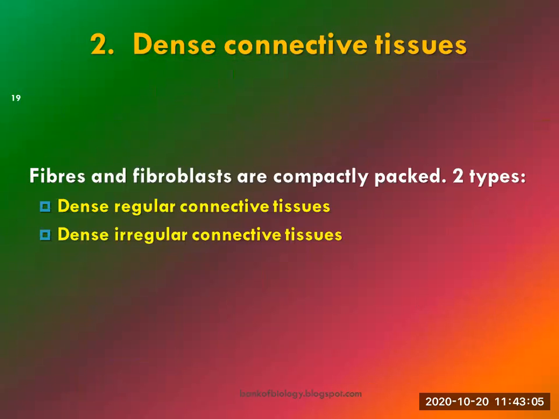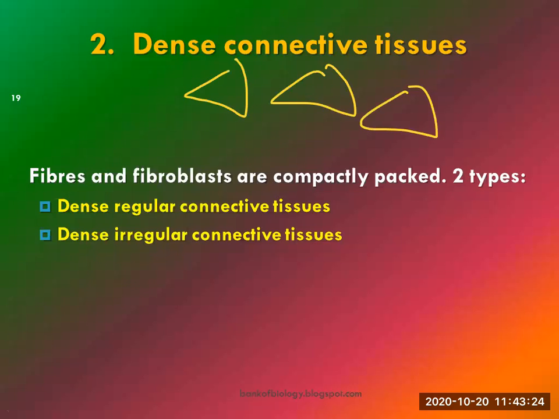Dense connective tissue. About dense connective tissue, the fibers and fibroblasts are compactly packed. It's there in the name, dense connective tissue. As a property of connective tissue, we know cells are loosely arranged, and in between those cells a large number of fibers are present.